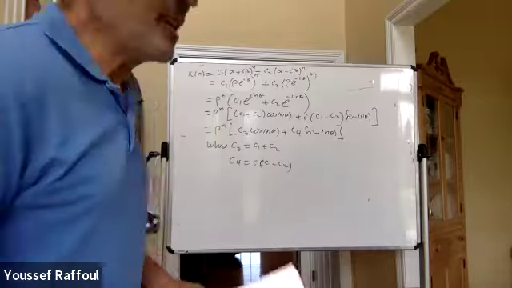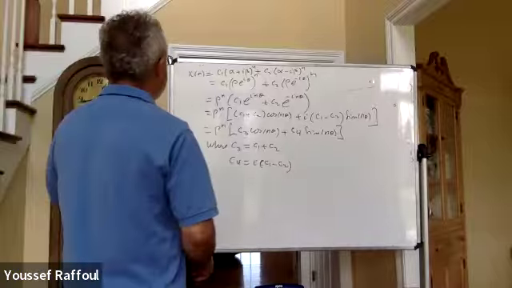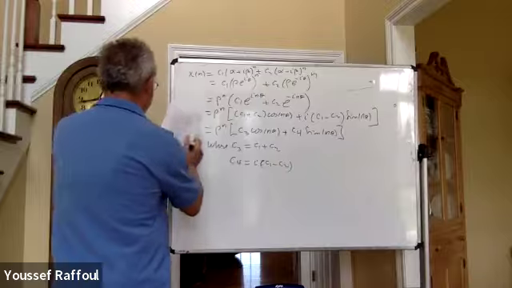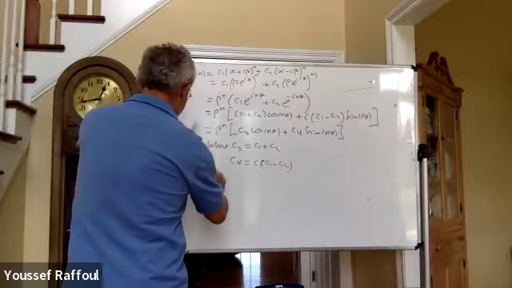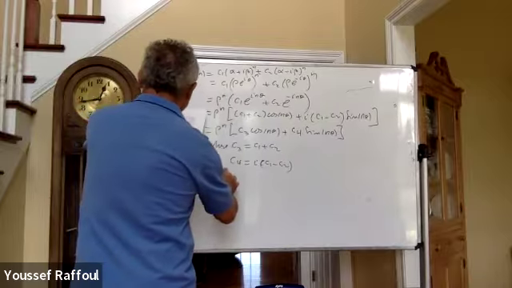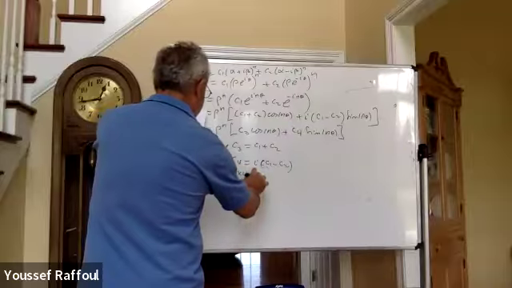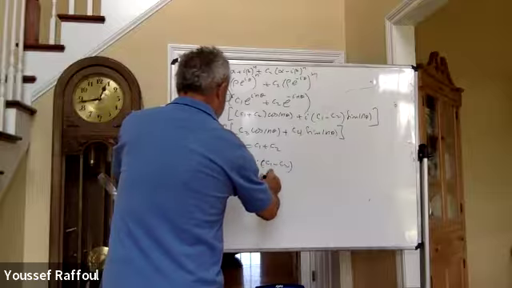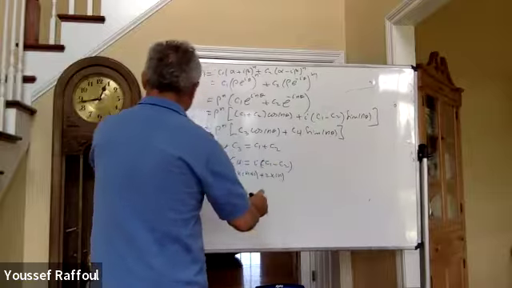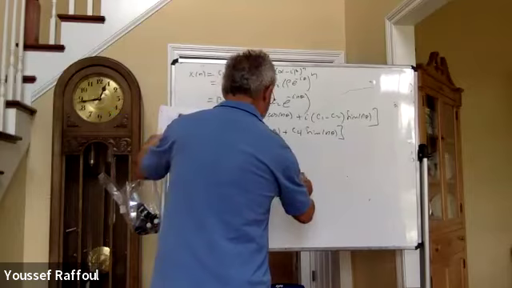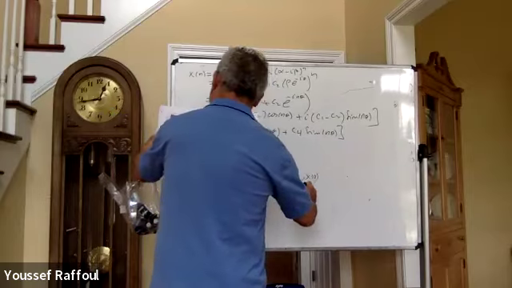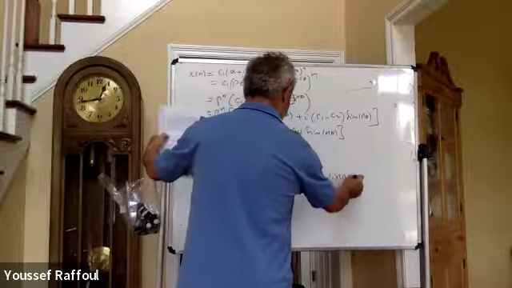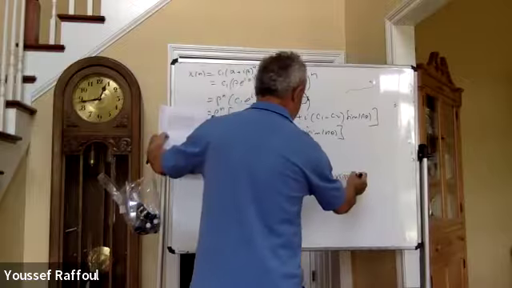Let me take a quick example. Let's say I have x_{n+2} minus 2x_{n+1} plus 2x_n equals 0, x of 0 equal 1, x of 1 equal to minus 2.